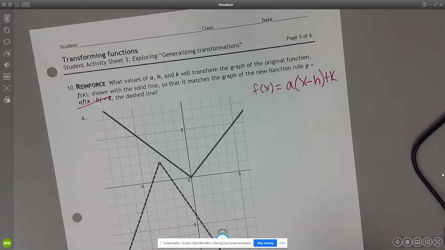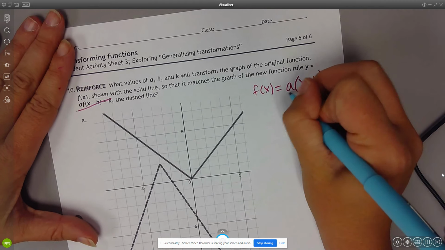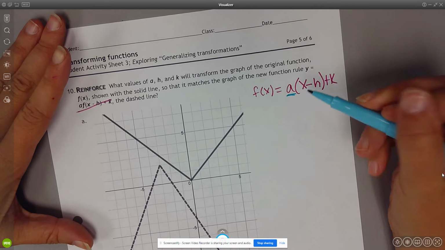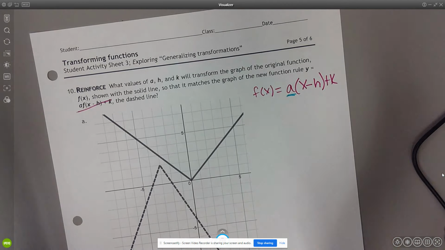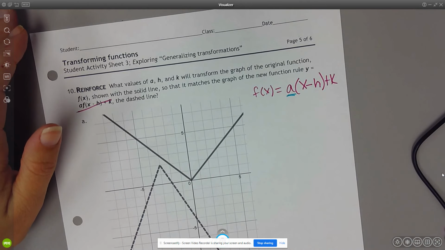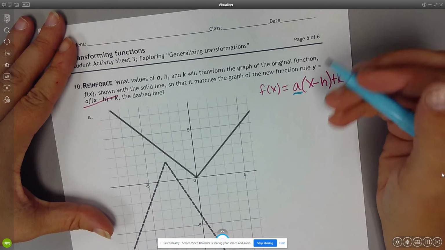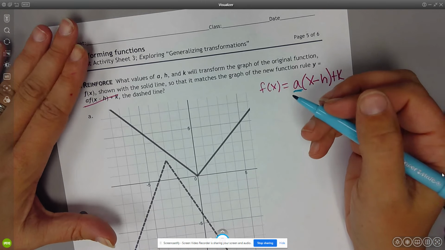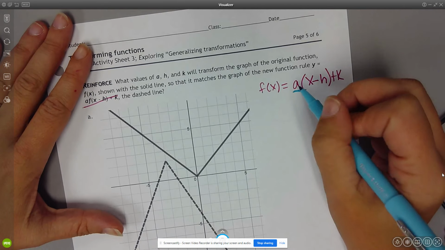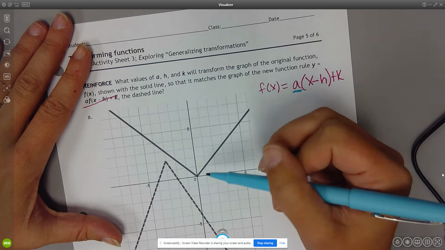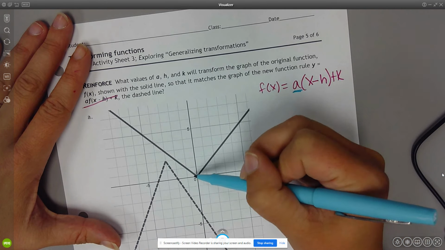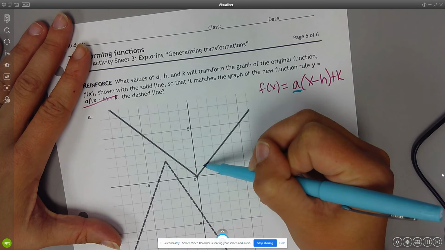With this one, the first thing I want to look at is A. Remember, A determines the width of it, and it also determines whether it opens up or down. So in this case, I'm going to look at what happens with my A. I go up 1 over 1, up 1 over 1.